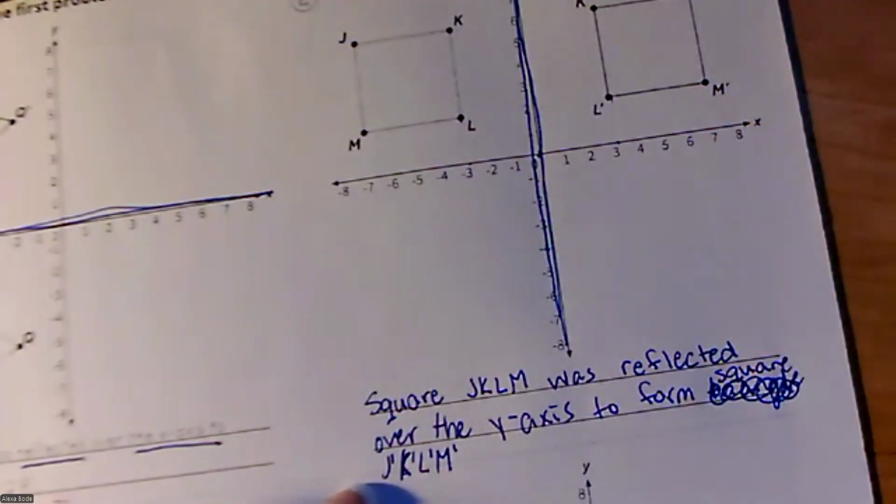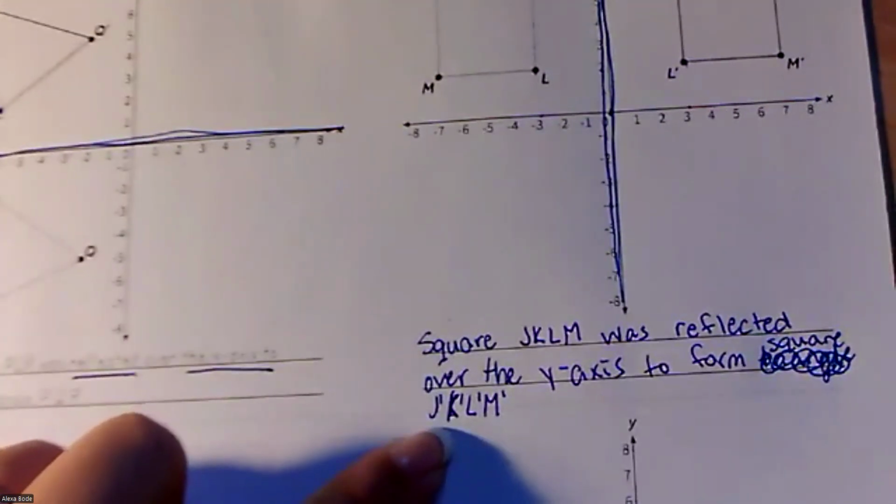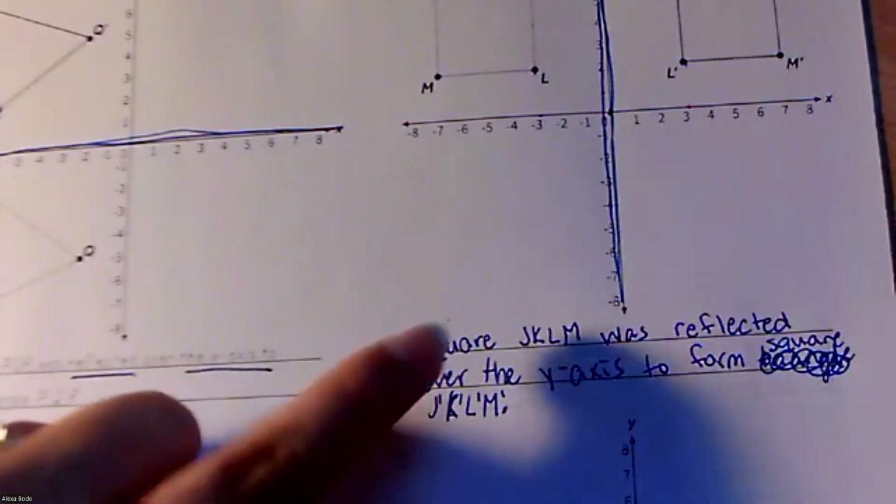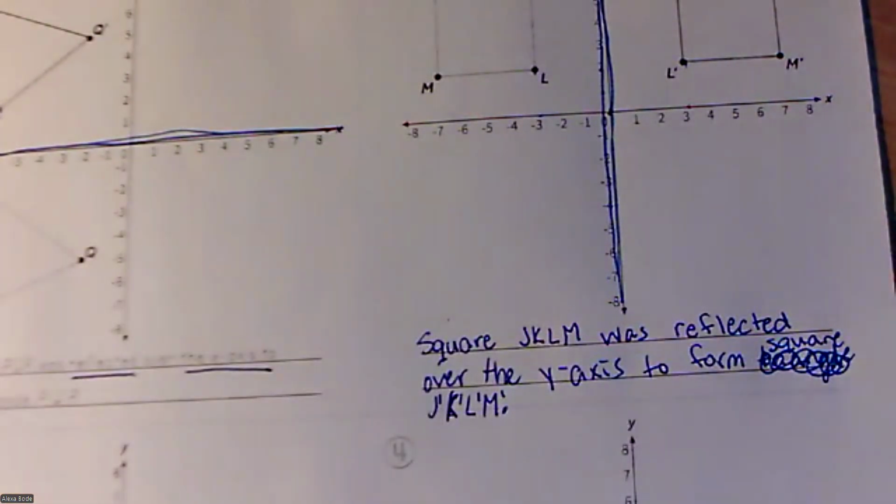When I do this part down here, this J prime, K prime, L prime, M prime, I want to do the same order that I did for the top one.